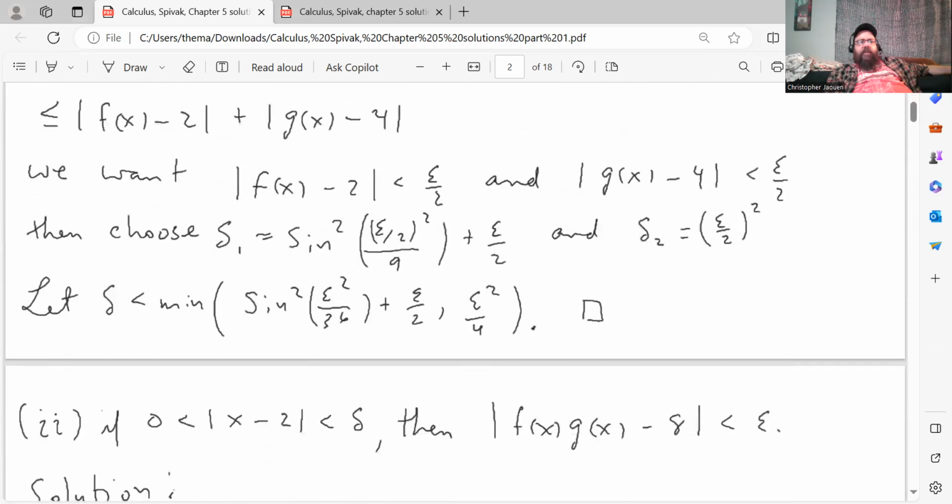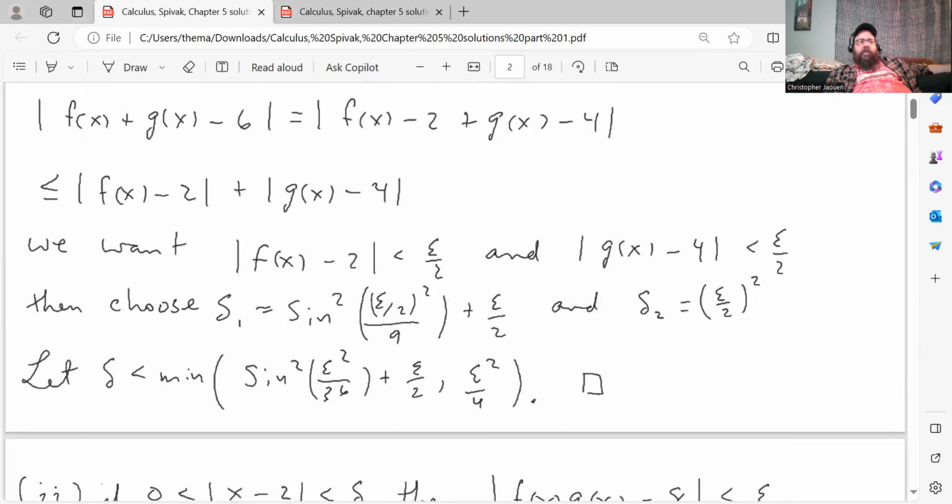So just using that fact, if I choose delta 1 to be sine squared of epsilon over 2 squared over 9 plus epsilon over 2, and if I choose delta 2 to be epsilon over 2 squared, then if we take delta to be the minimum of delta 1 and delta 2, that will work. This will be less than epsilon over 2, this will be less than epsilon over 2, so the whole thing will be less than epsilon.